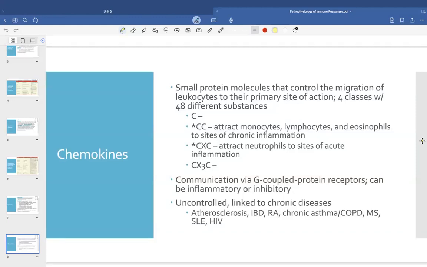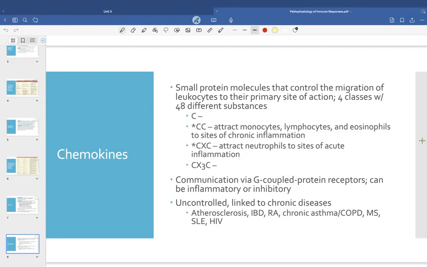There are 48 different substances that have been identified. Too much to remember, not that important at this point for you all. Okay, the important thing is the 2 classes that are elaborated upon are the ones that are most active when it comes to the inflammatory response in the immune system.